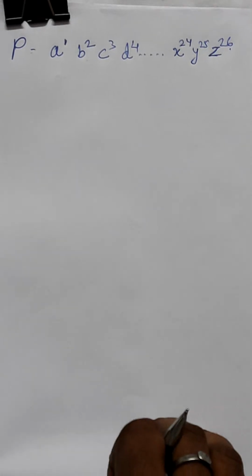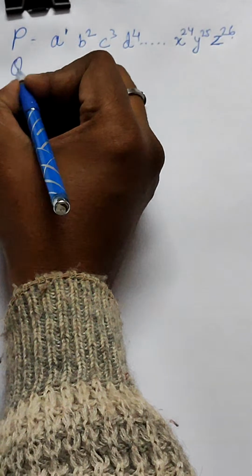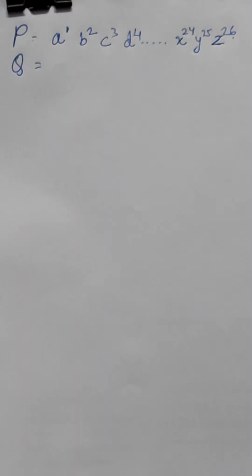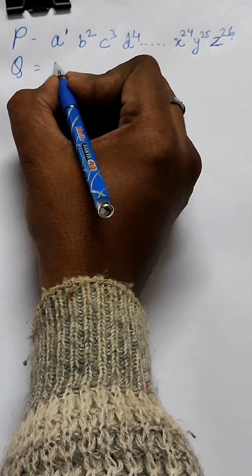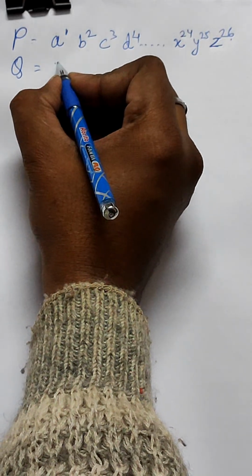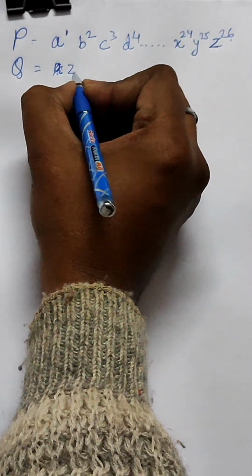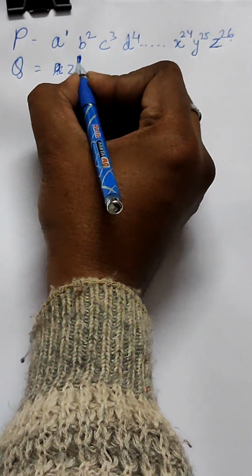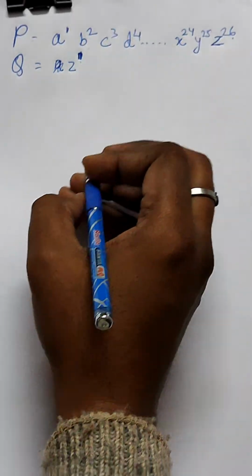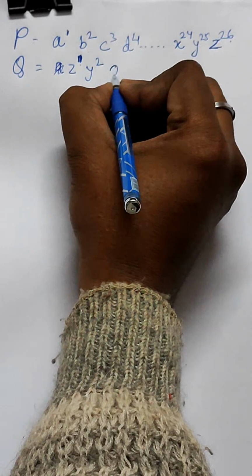Now the other value which is given, for q, is like this. It's in the reverse order. It will be a to the power z, z power 1, y square, x cube.